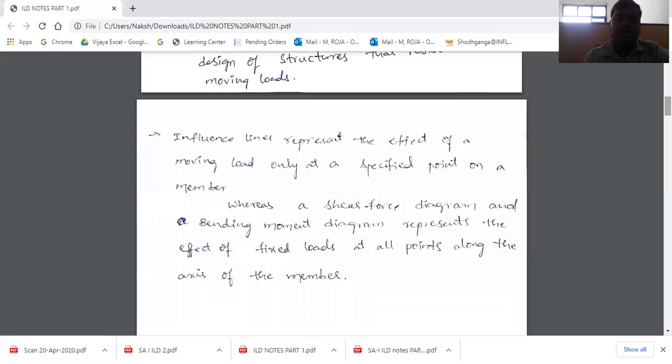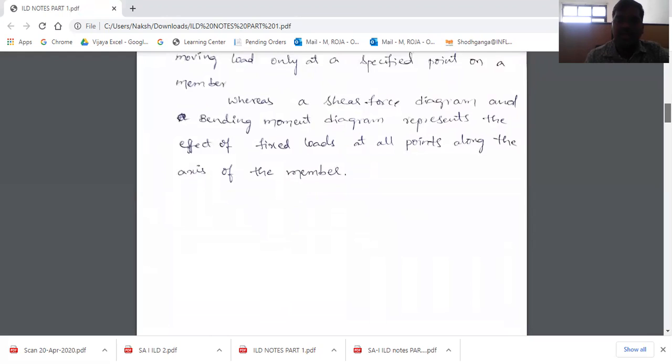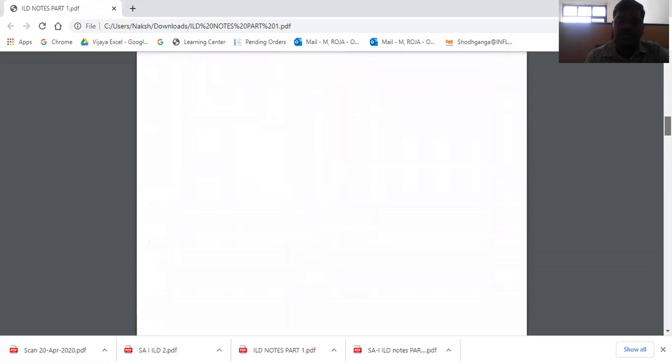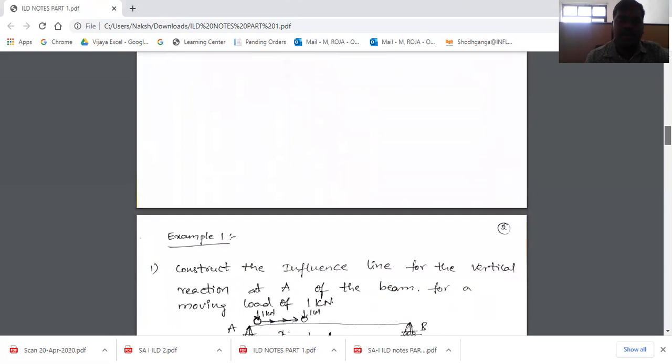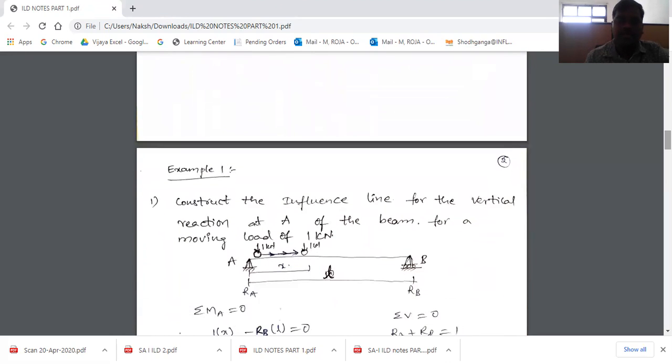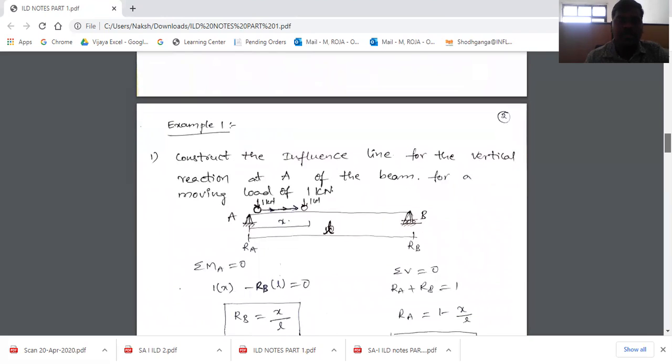So the influence line diagram represents only the moving load, whereas the shear force and bending moment diagrams represent the effect of the fixed loads acting on a beam or any structure. So this can be treated as a small introduction to the influence line diagram and moving loads.